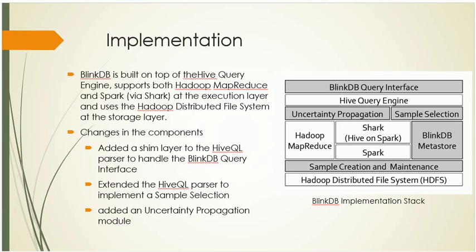We further extend the Hive query parser to implement a sample selection module that rewrites the query and iteratively assigns it an appropriately sized uniform or stratified sample. We also add an uncertainty propagation module to modify all pre-existing aggregation functions with statistical closed forms to return error bars and confidence levels in addition to the result.